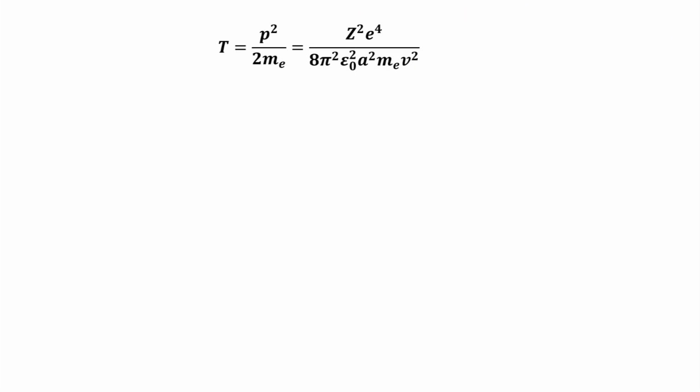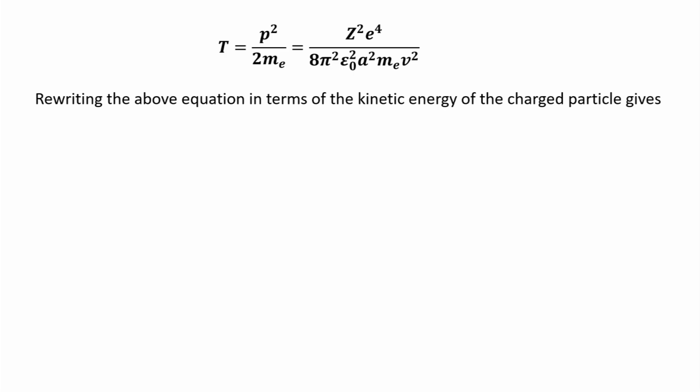So, now this is the expression already derived. Now, what you can do, you can put here half m e v square. What does it mean? m e is the mass of the charged particle. So, that is basically the kinetic energy of the high energetic particle which we have considered, which is interacting with the atomic electron.